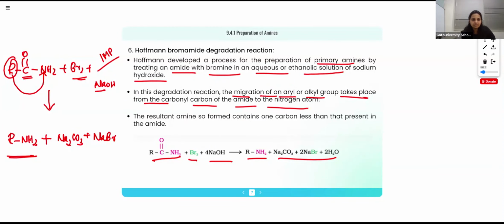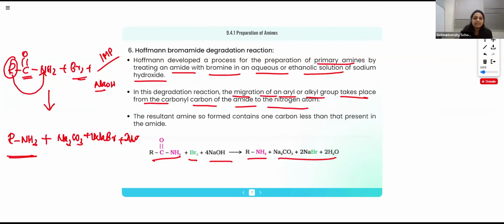Then the remaining will combine together to produce what? Got it. So this is the reaction. This is the migration of the alkyl group, R being any group, towards the nitrogen atom. That's how you get the product.